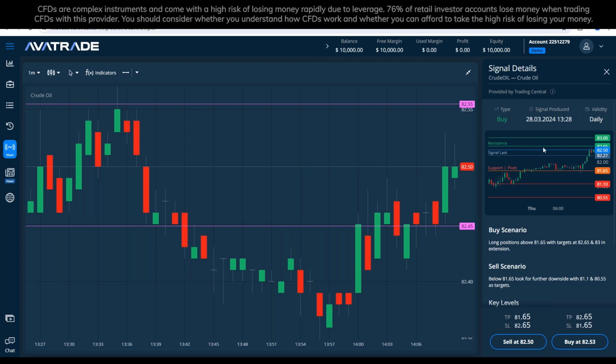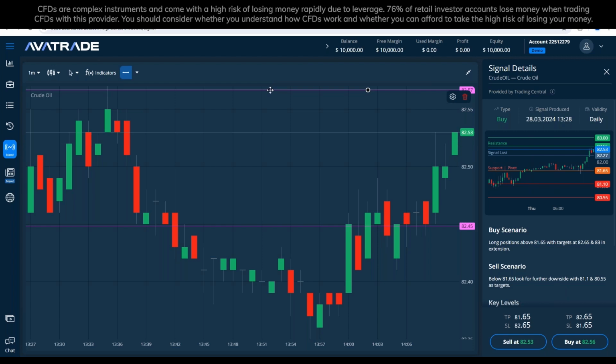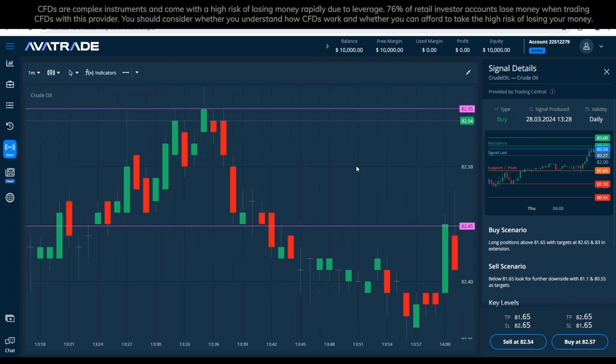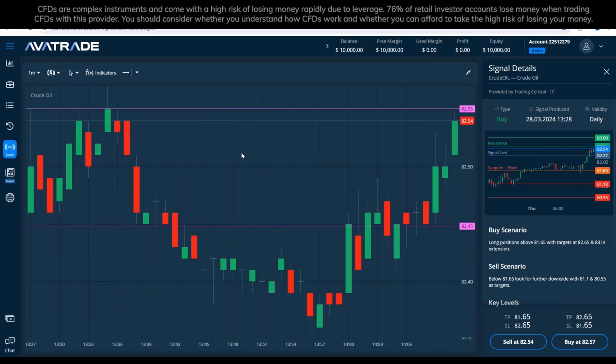valid. Okay, that means that right now, if I want to see 83 as an example, well, I can't. Right, I can't go any further than that. And because I can't do that, I have to change the validity to something that will make sense, which this way seems, as you can see, it says here daily, and we are looking at 1 minute. Okay, just to introduce you in a nutshell to the toolbar.